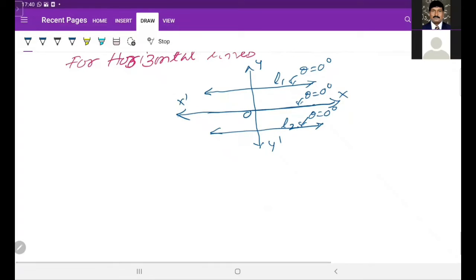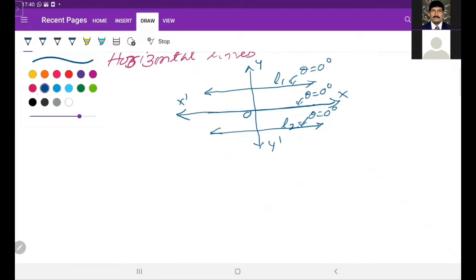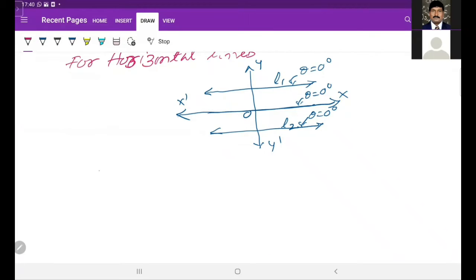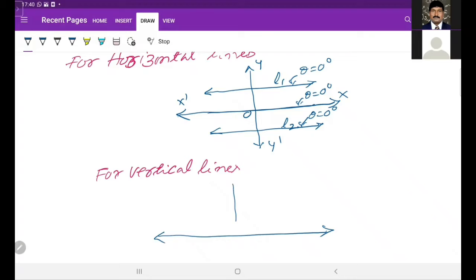Understand? Next, for vertical lines, draw the graph. Here are y, y dash, x, x dash.